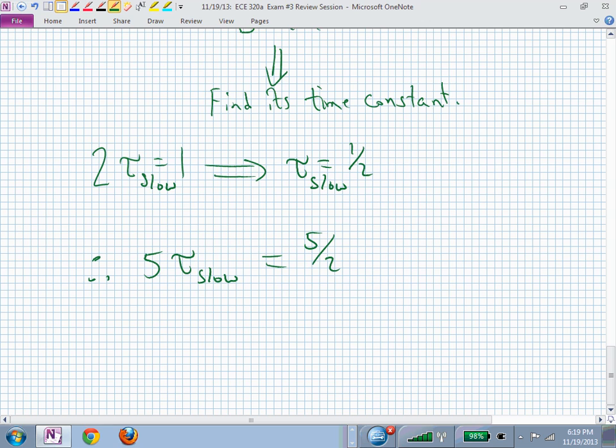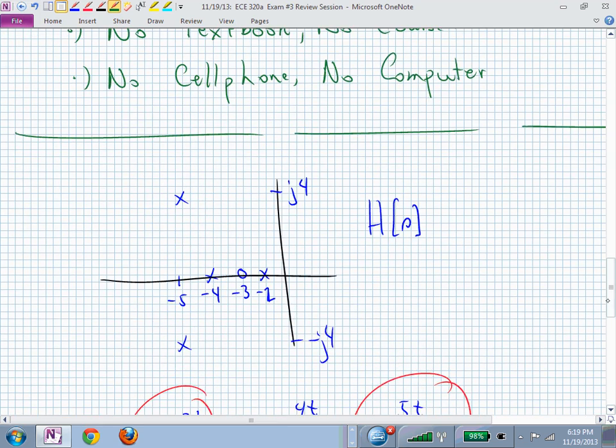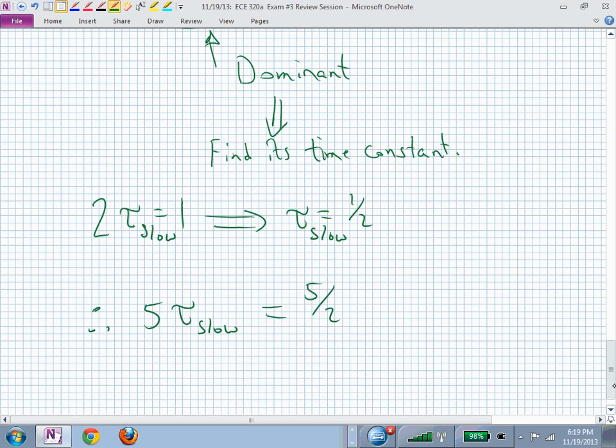Somebody might say, how long do I have to wait before I reach sinusoidal steady state if I excited this system with a sinusoid? You would have to wait until those transients are gone, and the dominant mode in that system is e to the minus 2t. You wait 5 of its time constants, which is now 2.5 seconds.